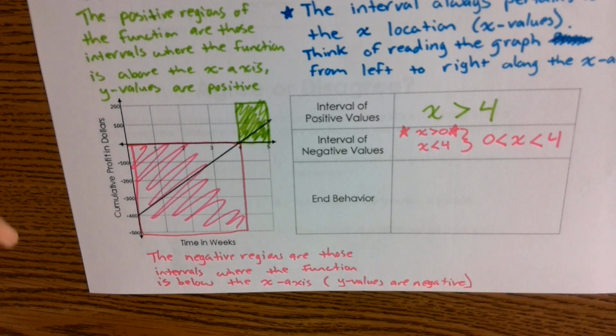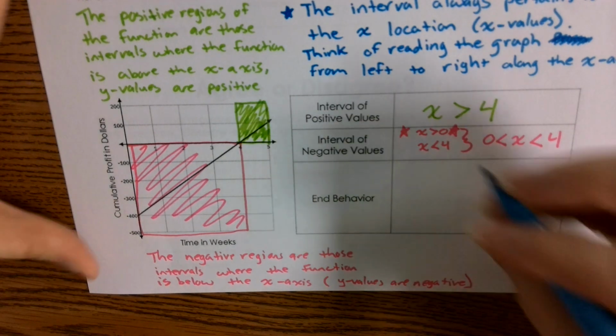So now here's what they mean when they're talking about the end behavior. You're basically just talking about the relationship, the pattern that you're seeing here. So in this situation, our end behavior of the function is going to indicate that as your number of weeks increases, so does your profit. Your profit is going to also increase.